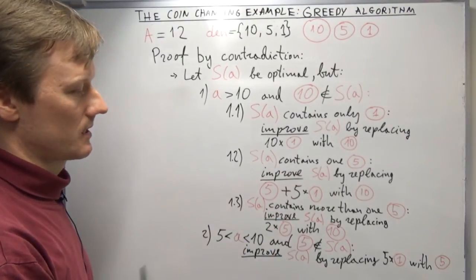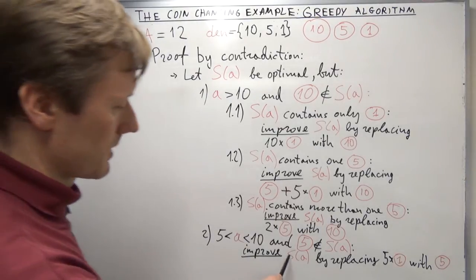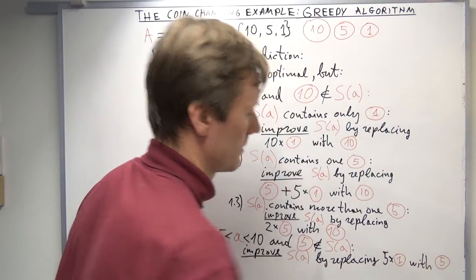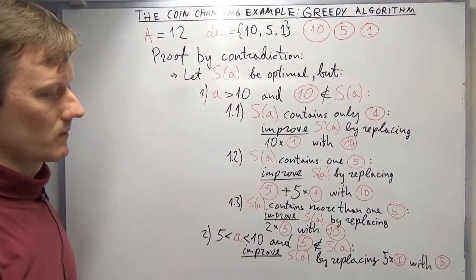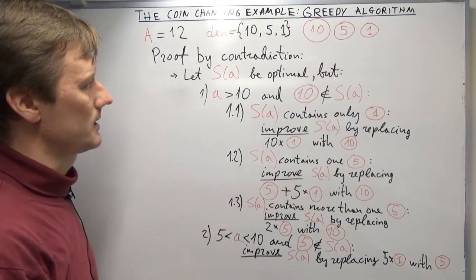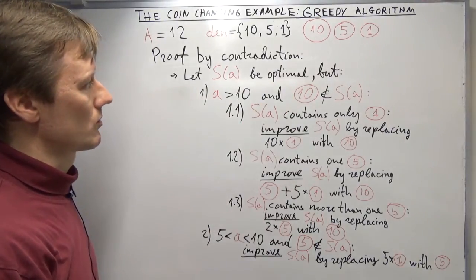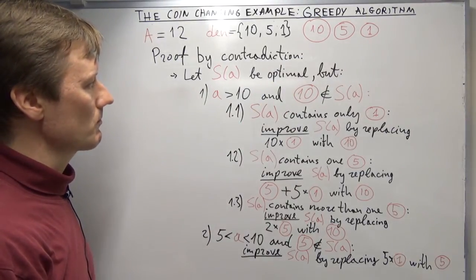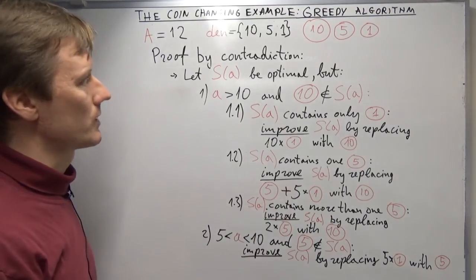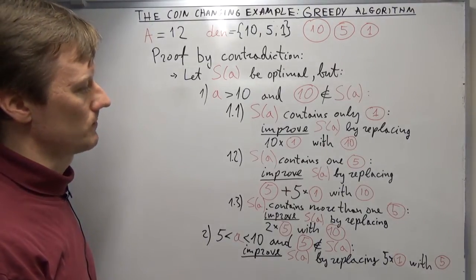What that means is that the solution is just composed of 1 krona coins, and we obviously can improve it by replacing 5 1 krona coins with one 5 krona coin. So in this way, looking at all the cases, we show that in each case this leads to contradiction. So we have shown that making the greedy choice always leads to an optimal solution.